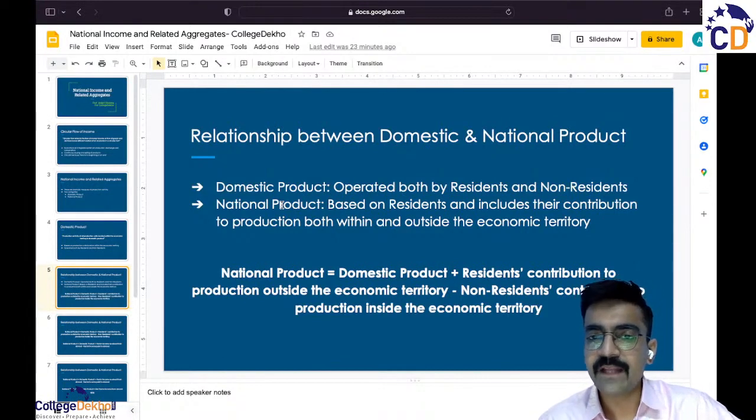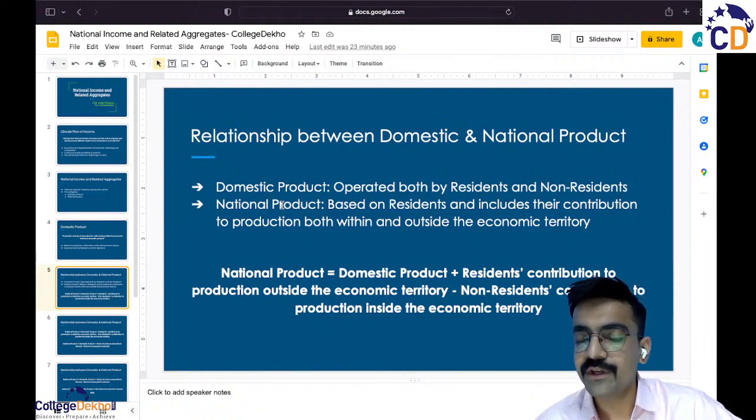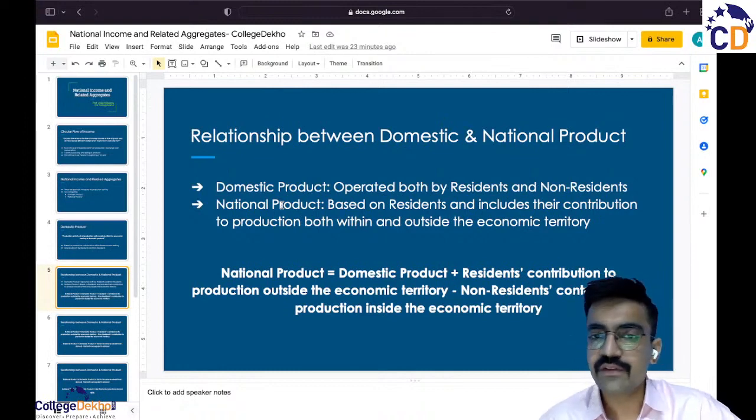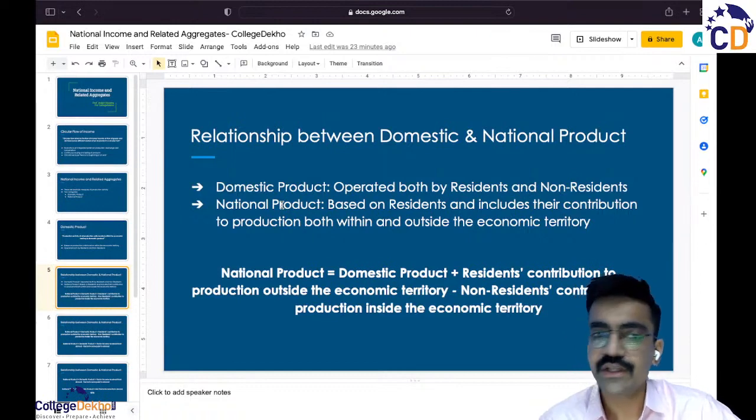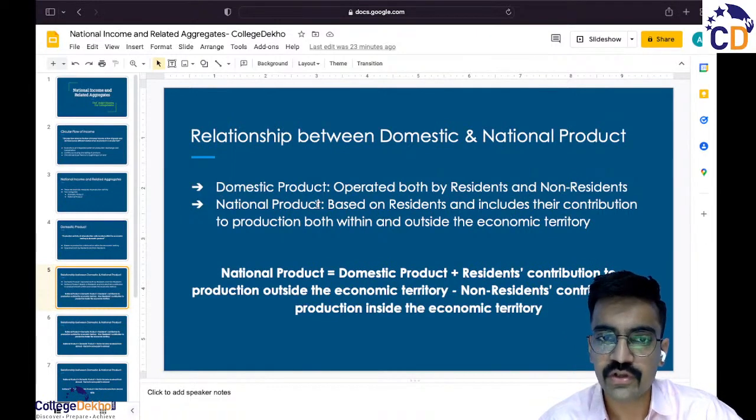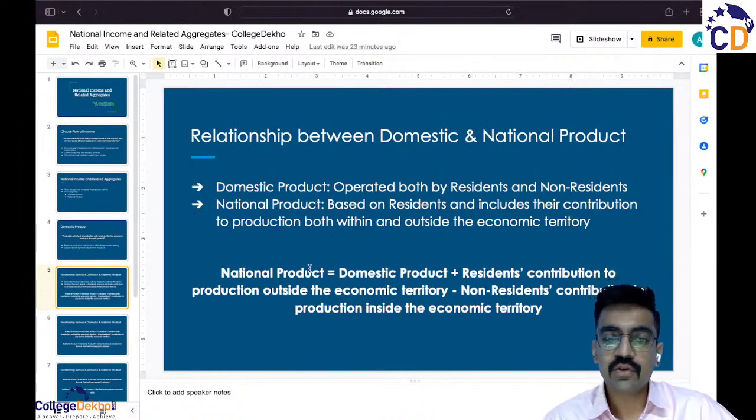And if the economic territory is related somehow with this production process, with either the supply of raw materials or services in it, or the receiving of revenue from this particular project, if any of these aspects includes a connection with the national territory, it will be included in the national product calculation, right?